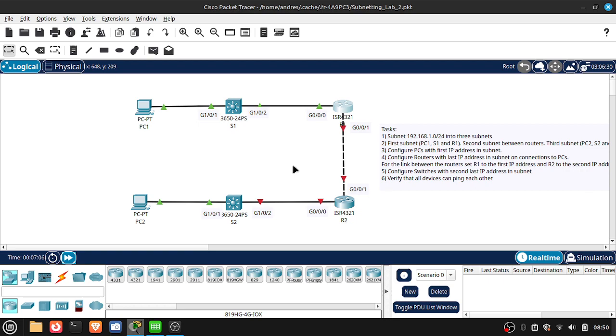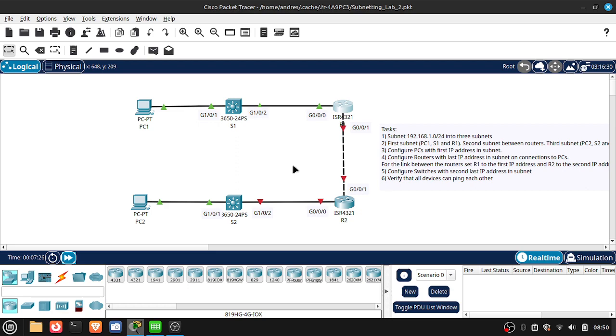So thumb the other finger and duplicate the last number. If we start with 2, now we have 4. Is 4 enough? Yes, it is. So we have to borrow 2 bits from the host portion.